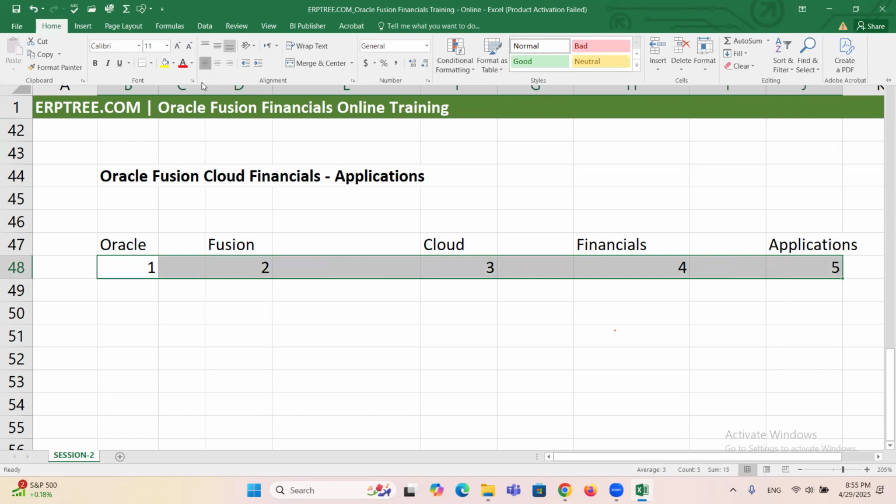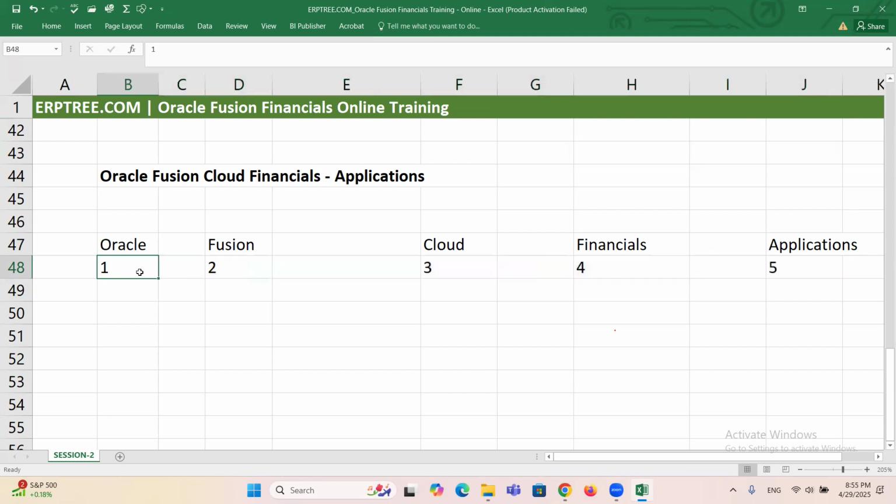So when we talk about Oracle, what does it mean? Oracle means you can say database, or you can say it's a company name. The company Oracle started its initial product as a database.